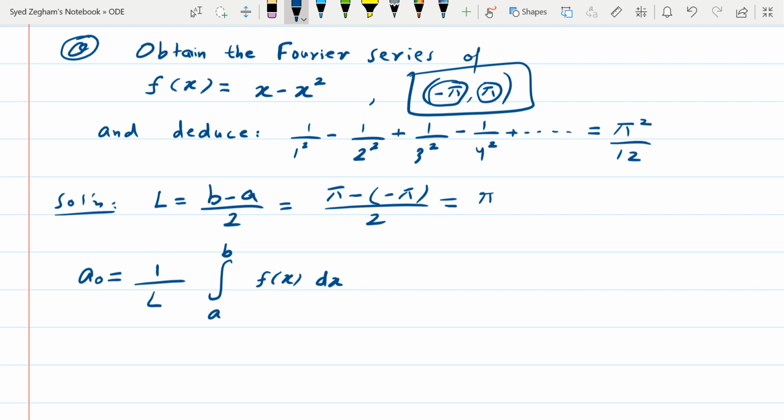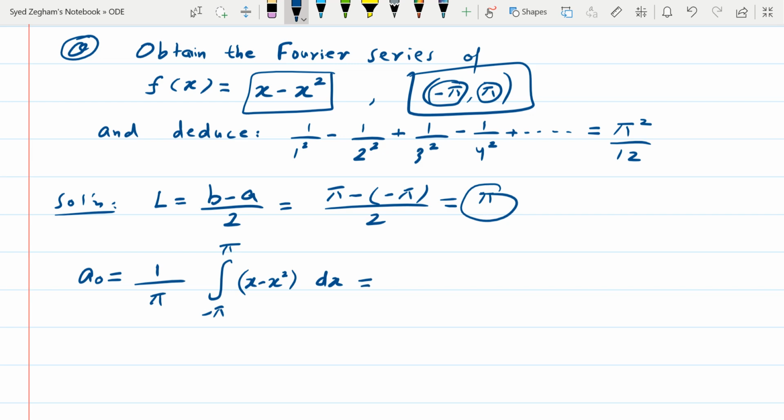L is equal to pi, so we will replace L by pi. A is equal to minus pi, so I am replacing a by minus pi, and b is equal to pi, so we will replace b by pi. And my function is x minus x square, so this f(x) I am putting as x minus x square.